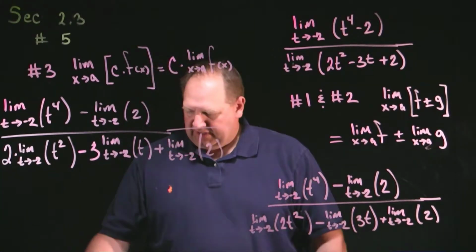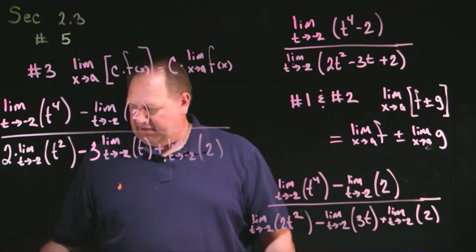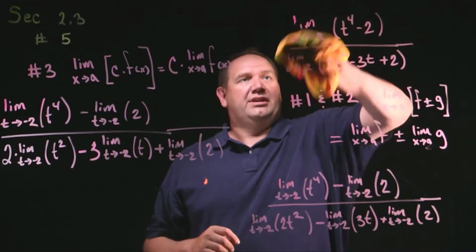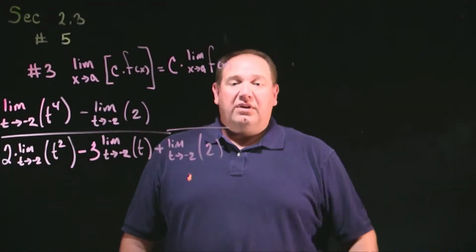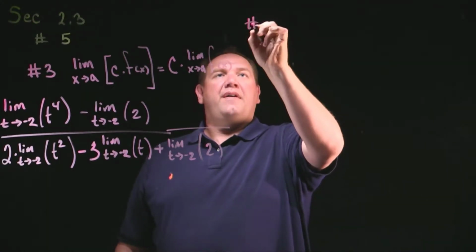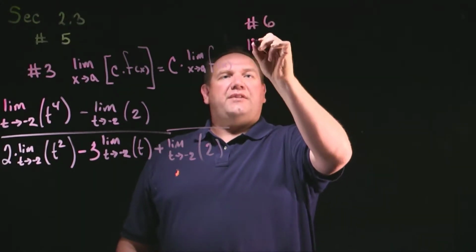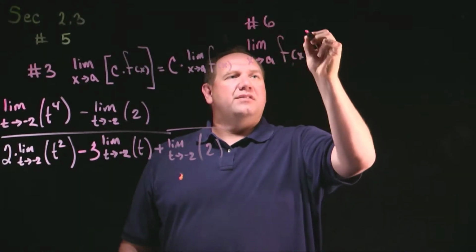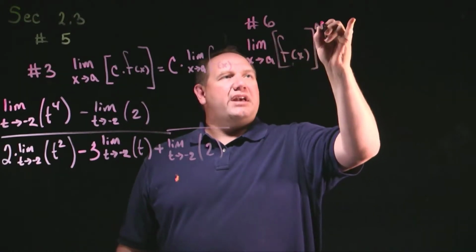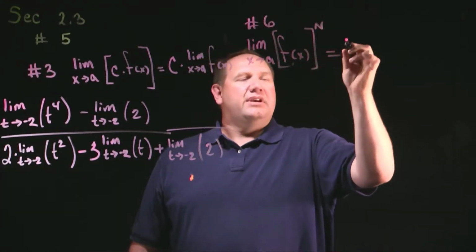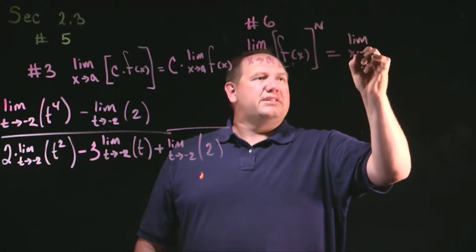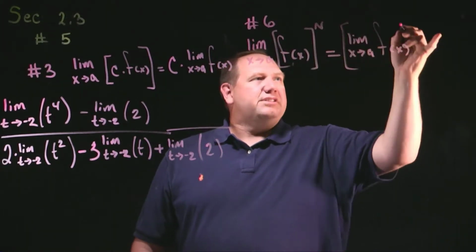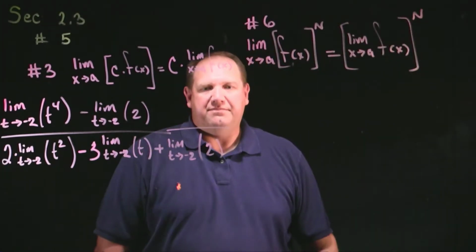All right. The next limit law that I'm going to use is limit law number 6. So let me erase this side of the board. Okay, so limit law number 6. That says that if I have the limit as x approaches a of f of x raised to the n, that's the same as the limit as x approaches a of f of x, all of it raised to the n.